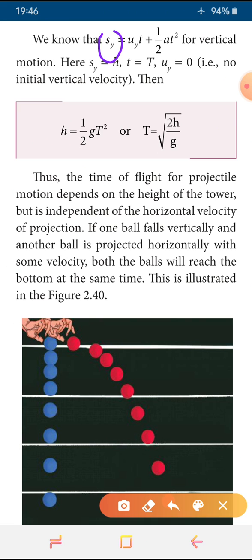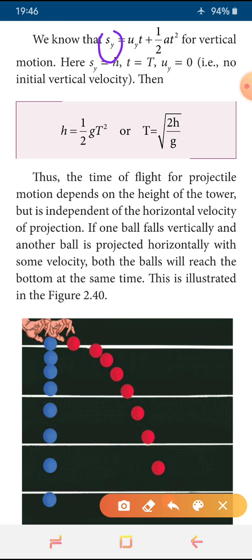Then sy is changed to height h, and small t is substituted with capital T for time of flight. In this vertical motion, the initial velocity is 0.